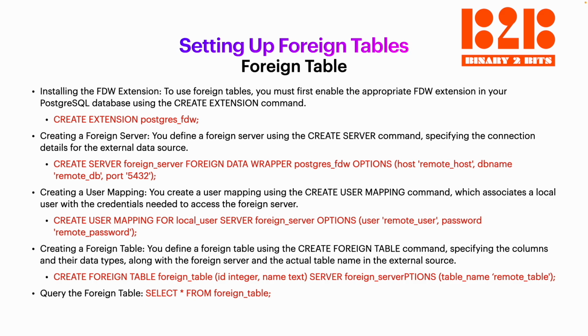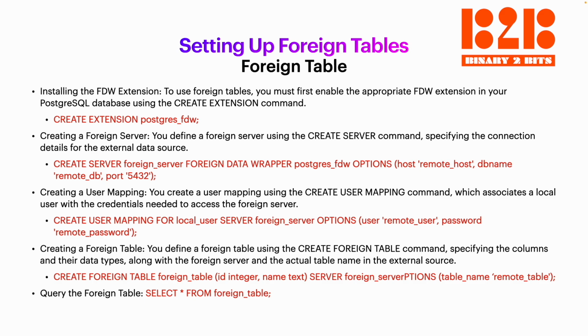After that, we need to create foreign tables. So here is an example foreign table. We need to give the table name, like create foreign table name, and the column names and associated data types, server and foreign server, and then we need to give the options. Here the word foreign is missing, but you can type foreign server, space, options, table name, remote table.